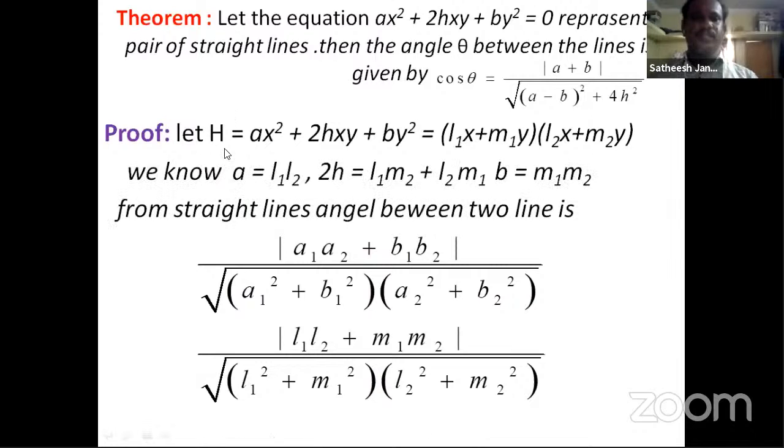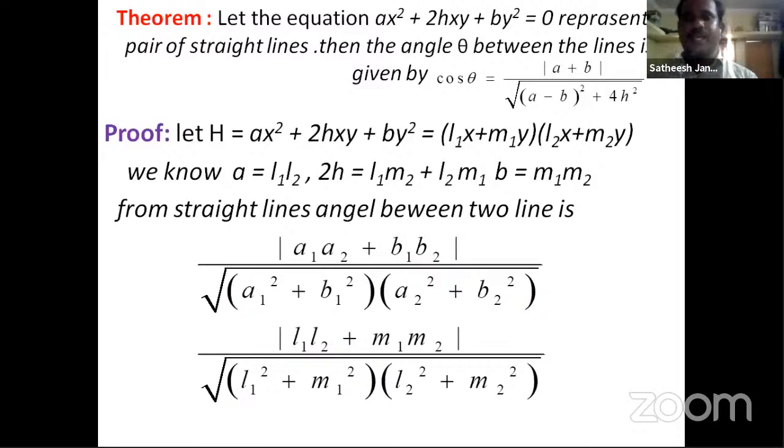We know that ax square plus 2hxy plus by square is equal to 0 is the combination of two lines which are passing through the origin, that is (L1x plus M1y) into (L2x plus M2y). From this product we get always a is equal to L1 L2, 2h is equal to L1 M2 plus L2 M1, b is equal to M1 M2.